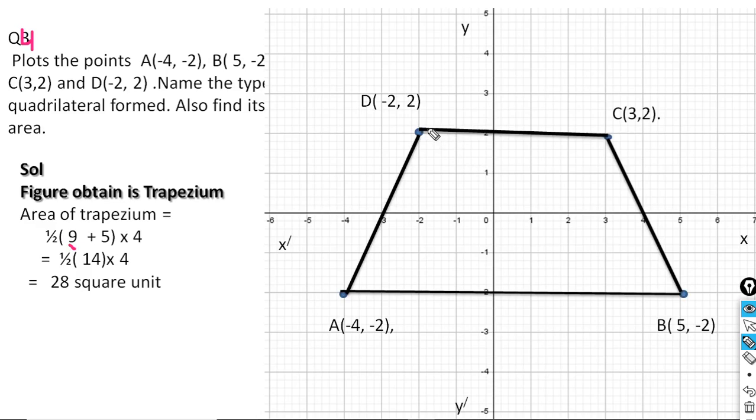And DC is a parallel side. 1, 2, 3, 4, 5. 5 units. Height we have to count. This is the height of the trapezium. It's 1, 2, 3, 4. It is 4 units. By solving that, we get 28 square units as the area of the trapezium.